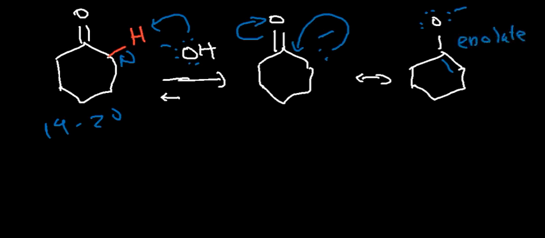So the real question is, is it easier for an oxygen to stabilize a negative charge or a carbon atom? It turns out that oxygen can better stabilize a negative charge. However, a negative charge on a carbon is more nucleophilic than a negative charge on oxygen. So even though this is more stable, the less stable form is more reactive.